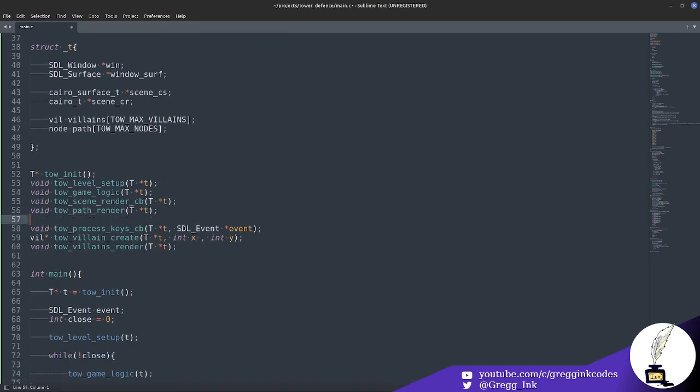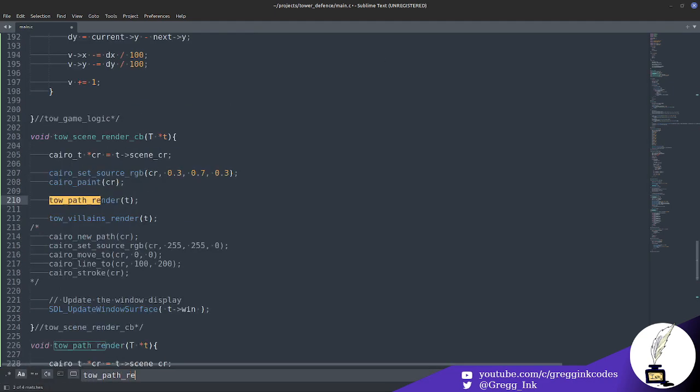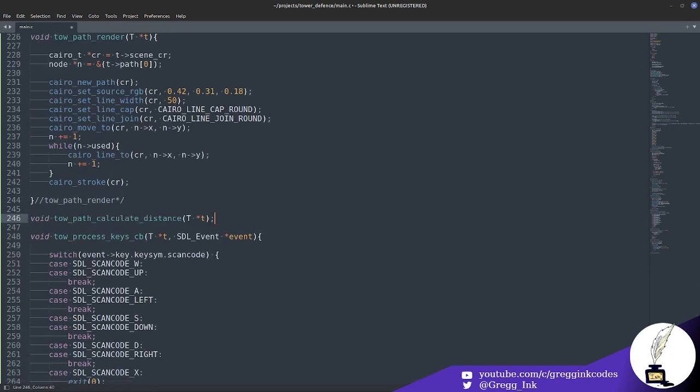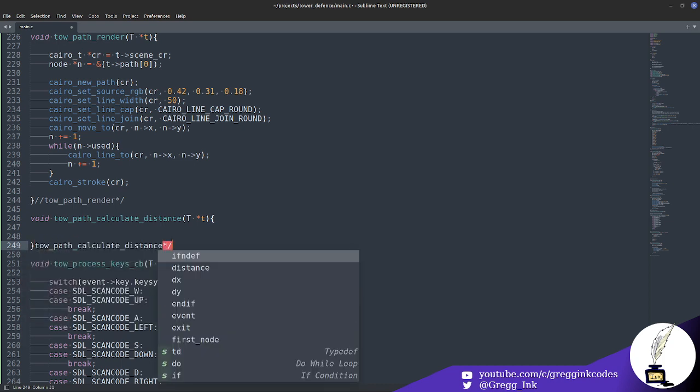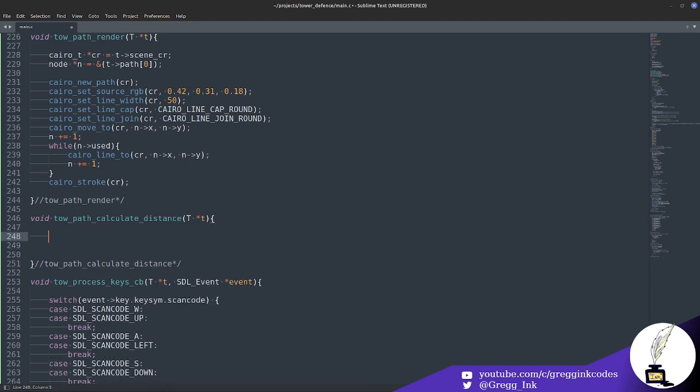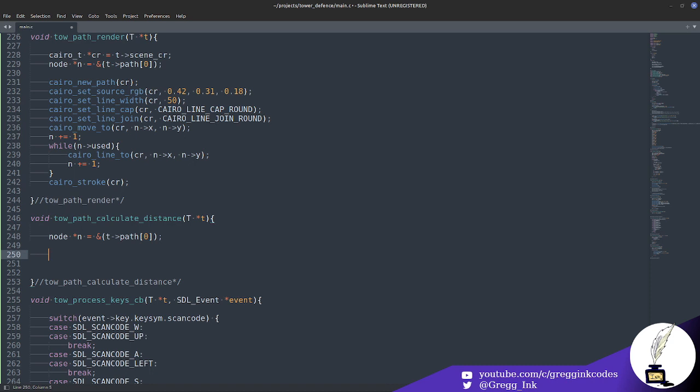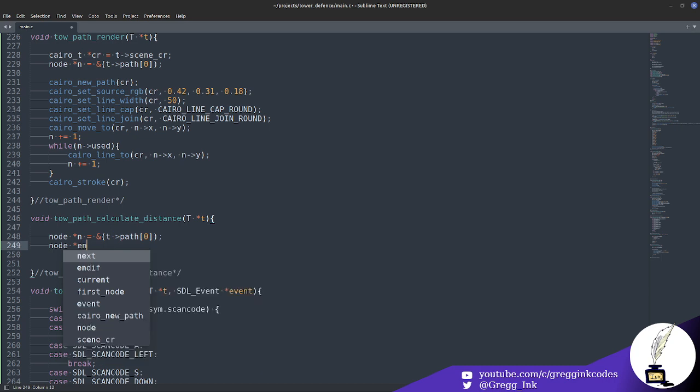So path here, okay, there we go. And what I want to do is I will need the node, and now what I'm going to need is node next, n+1.